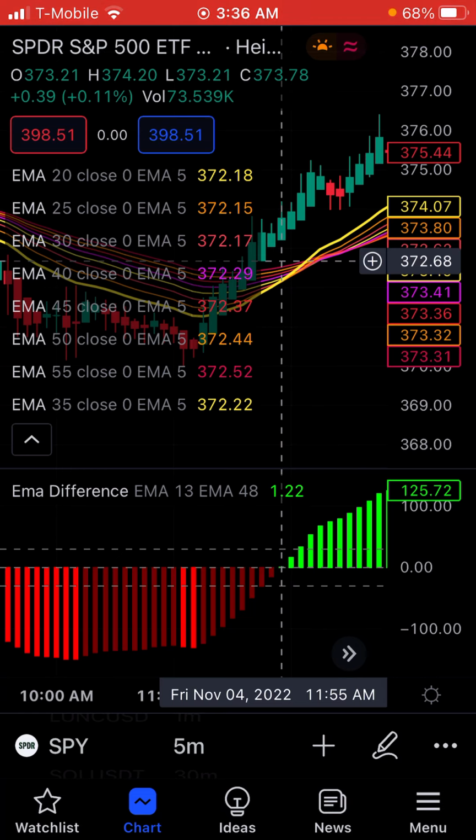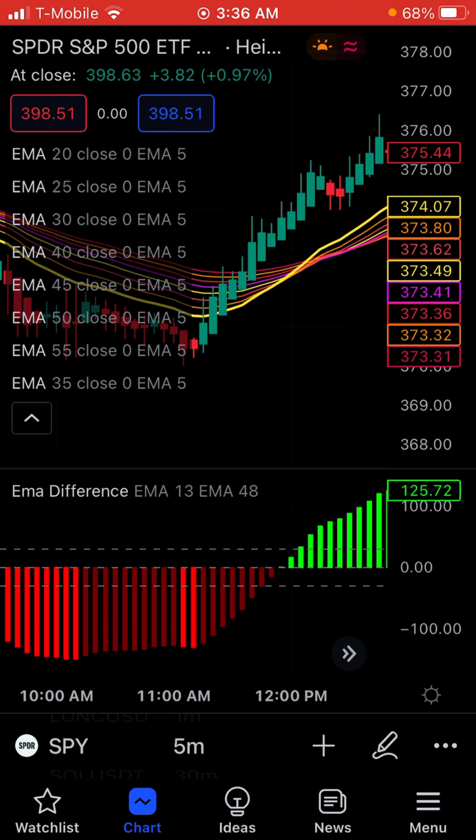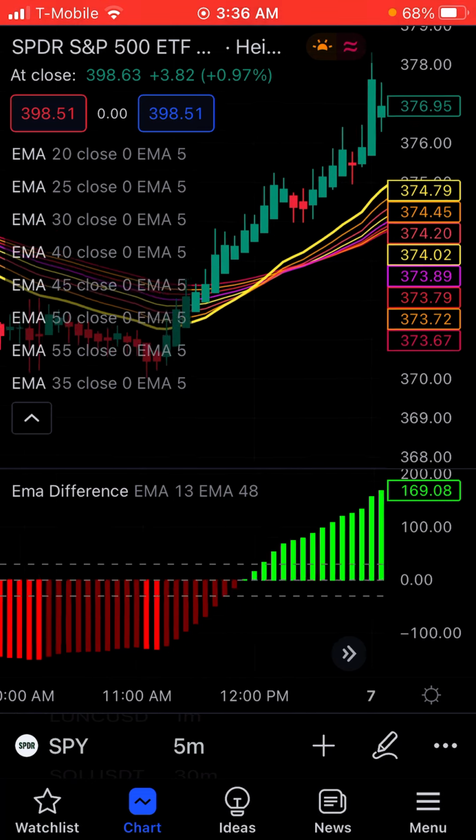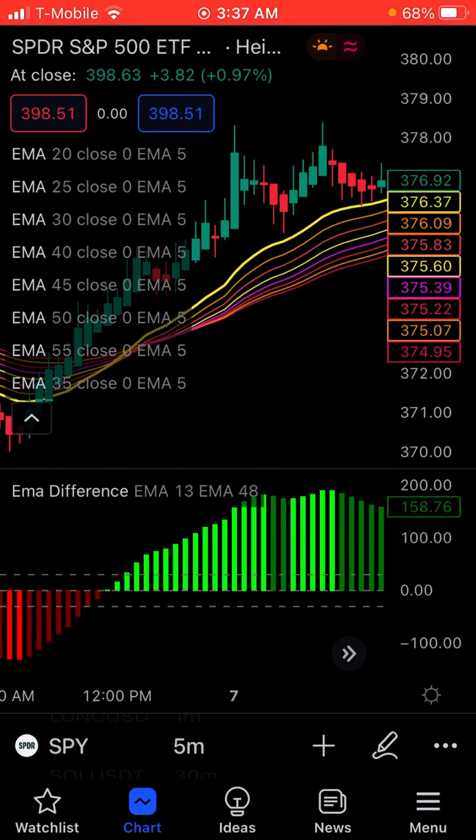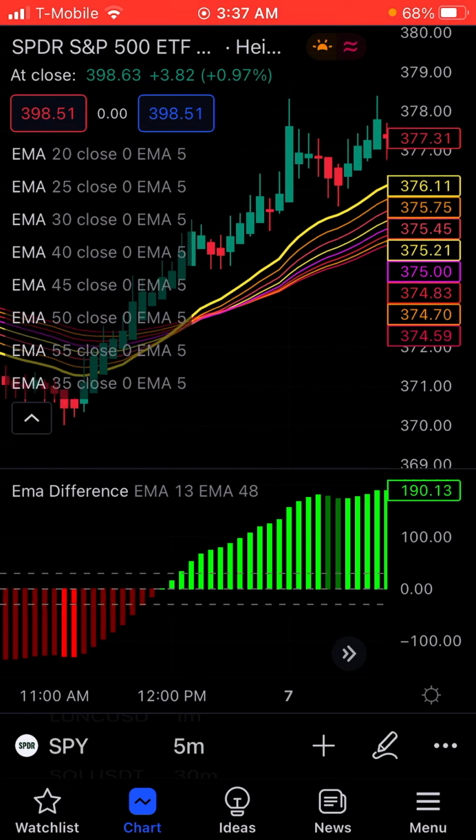You have two confirmations: you have your 1348 visually confirming it, and you have your 20 EMA confirming it. When you have both of these confirming the direction, it usually means you'll be able to tell where it's going to go.